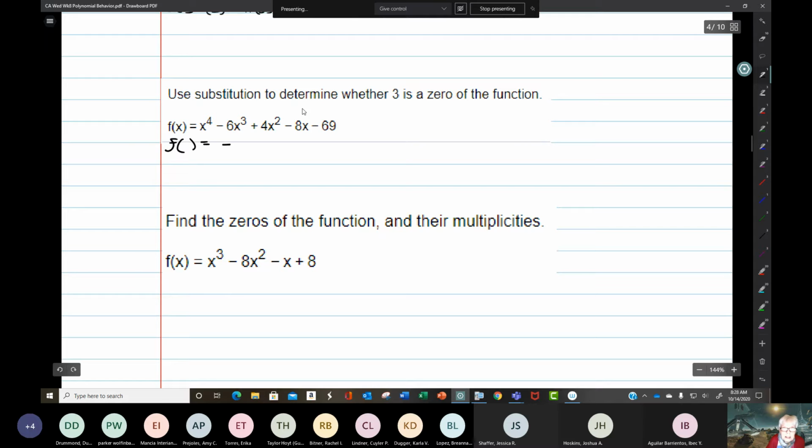Good opportunity. This is a 3 we're putting in there. So this is not going to be x, it's going to be 3. And again, 3 is positive, so I can just say 3 to the 4th minus 6 times 3 to the 3rd plus 4 times 3 squared minus 8 times 3 minus 69.